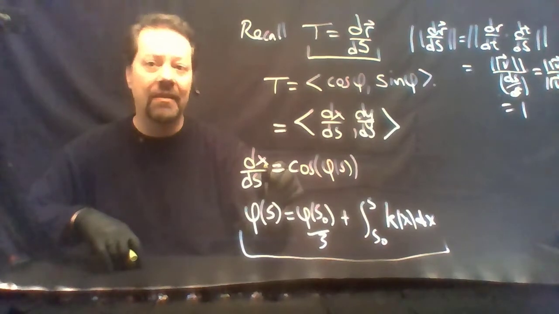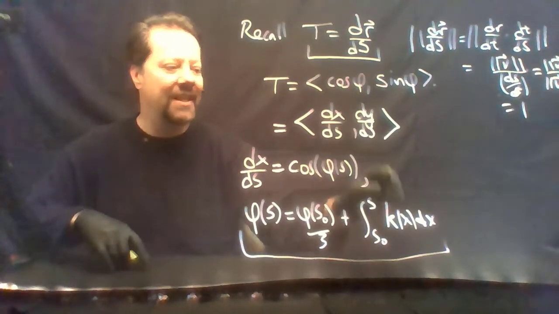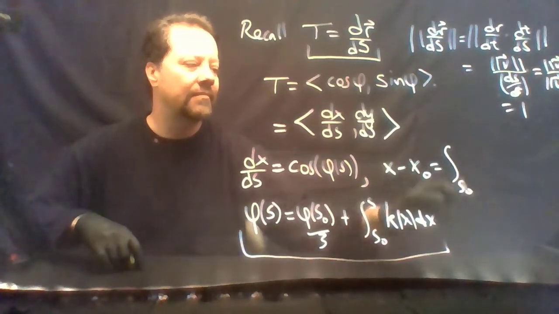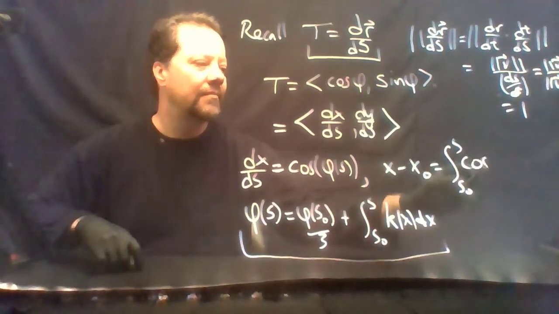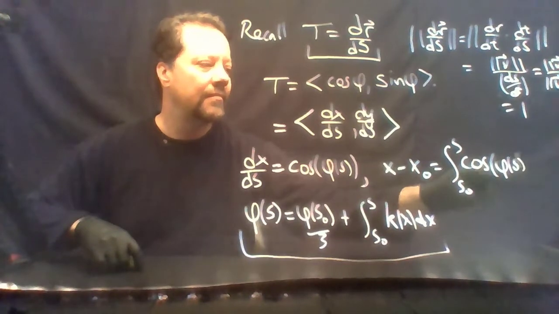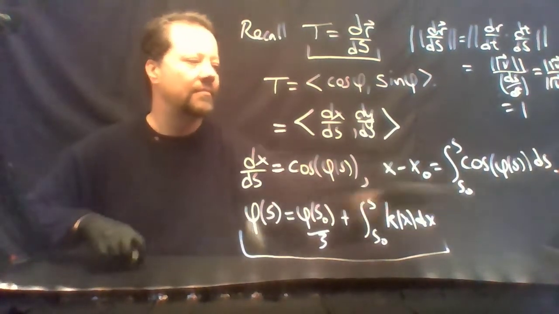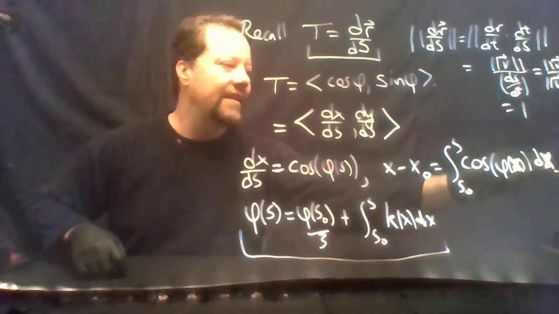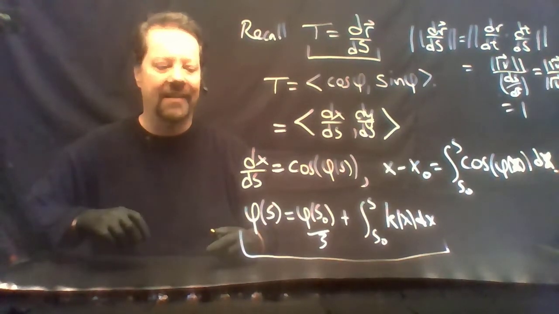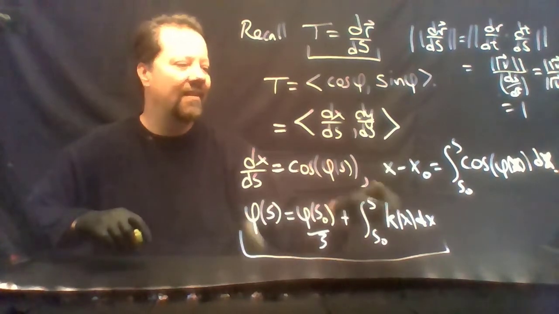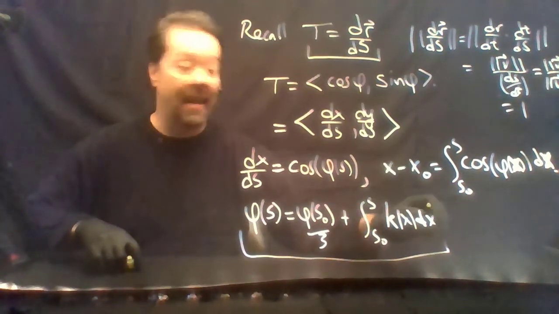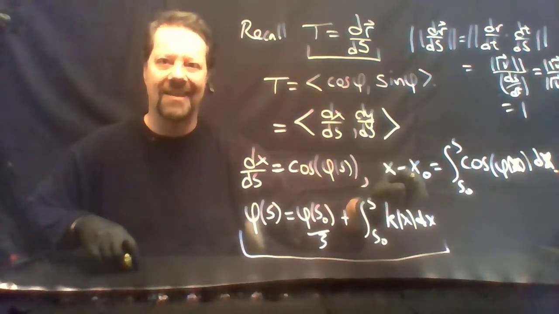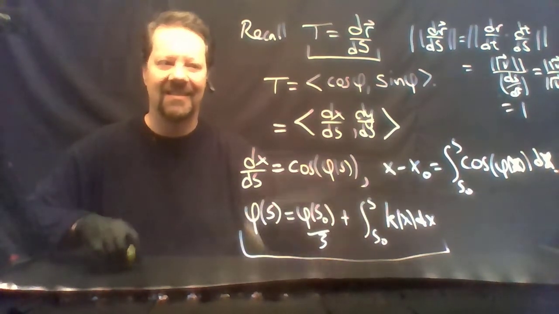To figure out the location x, all you have to do is integrate. I should use a different dummy variable until after we integrate. Cosine of phi of x dx. This gives us x and y up to some initial translation, x naught, y naught.